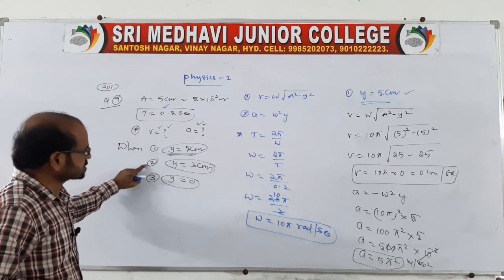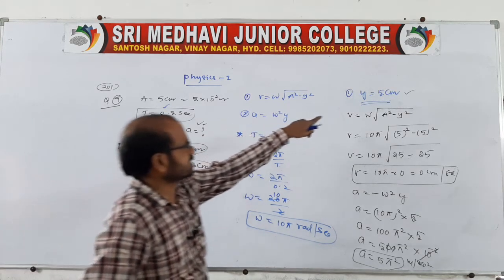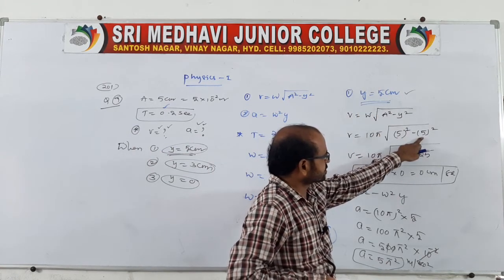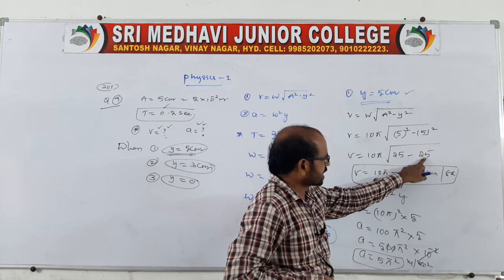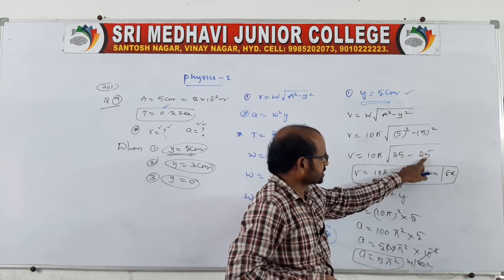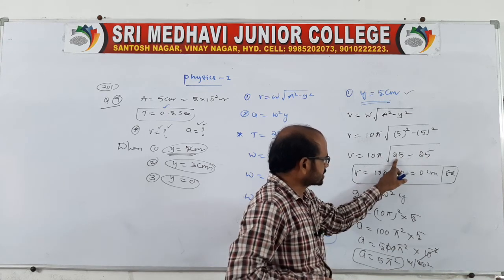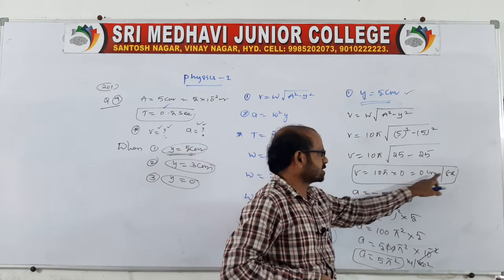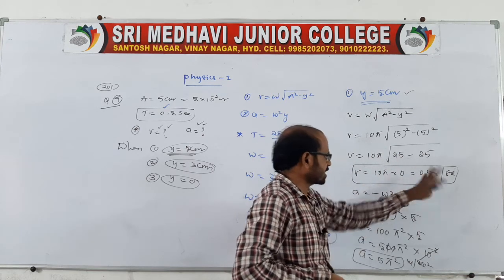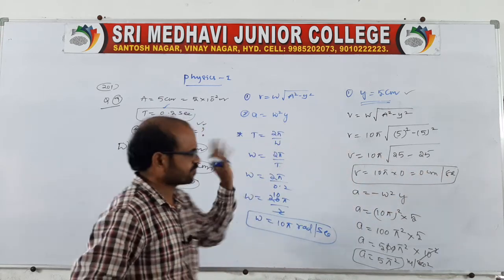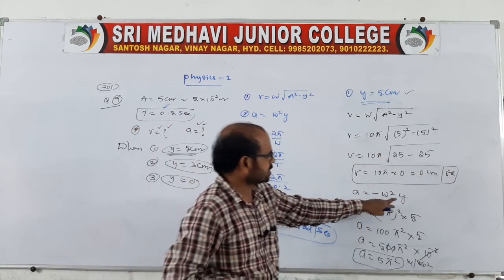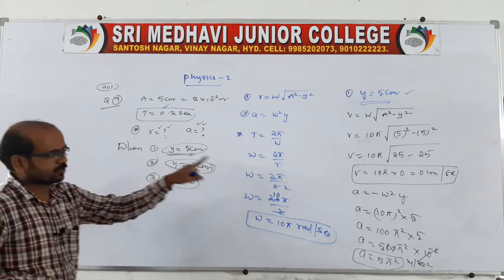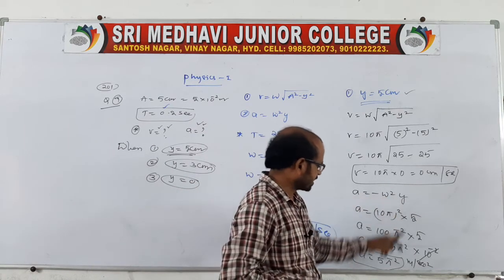For the second displacement, replace y with 3. Then 3 squared is 9, and 25 minus 9 is 16, so root 16 is 4, into 10 pi, that is 40 pi, in centimeter per second, keeping centimeters as it is. For acceleration also, take y as 3 and you will get the acceleration.